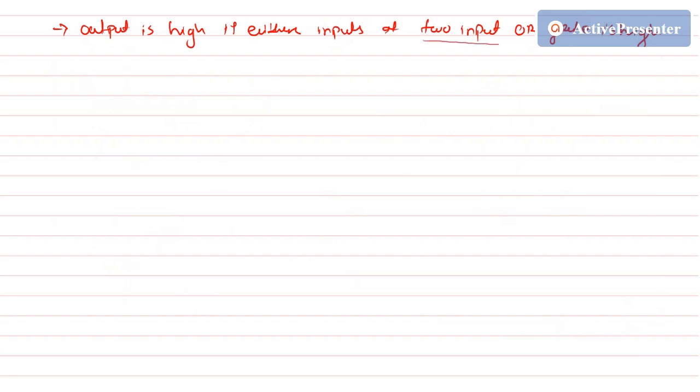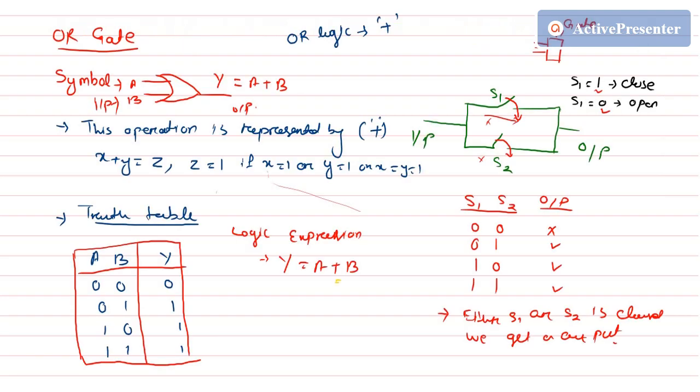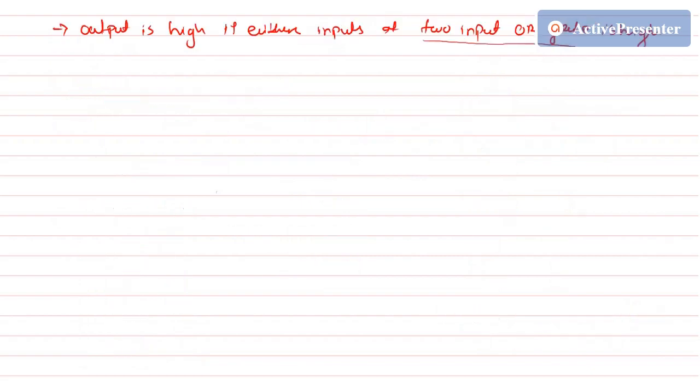What do you mean by two input OR gate? The number of inputs to the OR gate is 2, so it is called a two input OR gate. For 3 inputs, suppose I add another switch here and call it S3, then the output will be 1 or high if any of the 3 switches is closed. You have to add one more variable and one more input, and that becomes your 3 input OR gate. That is the meaning of a two input OR gate.